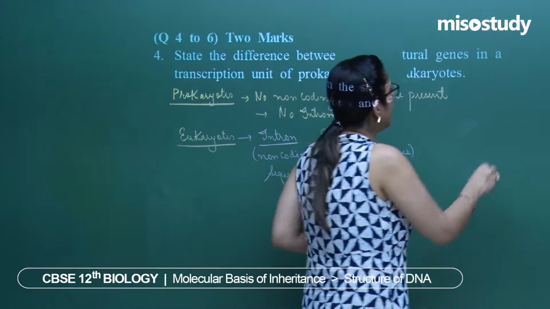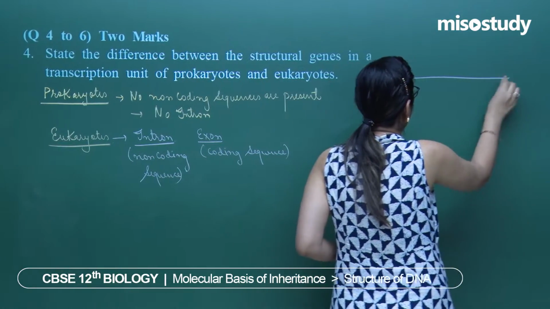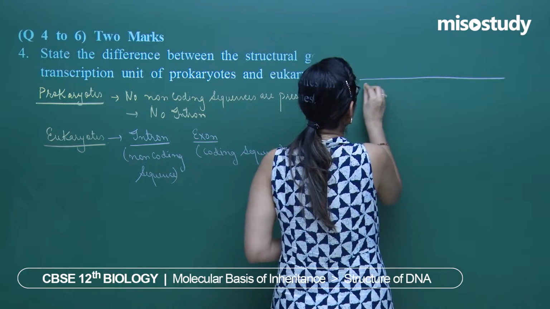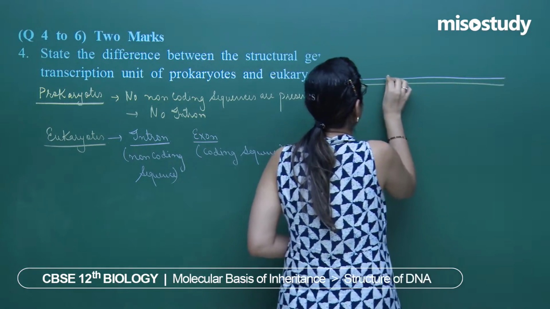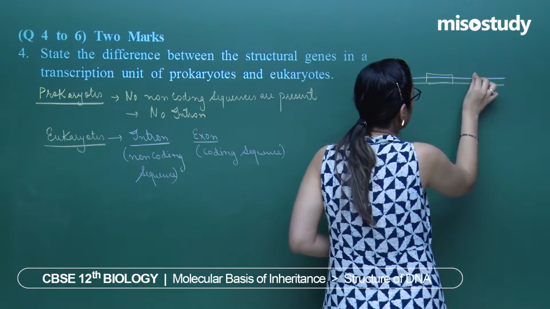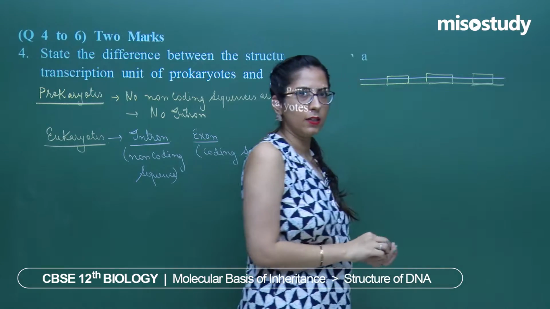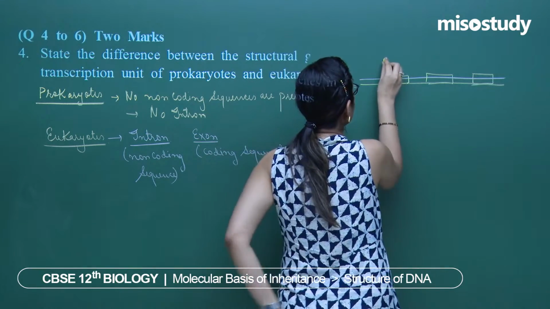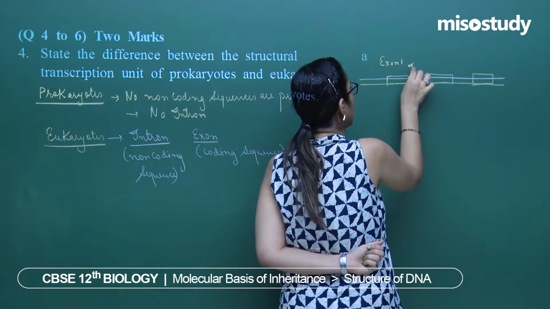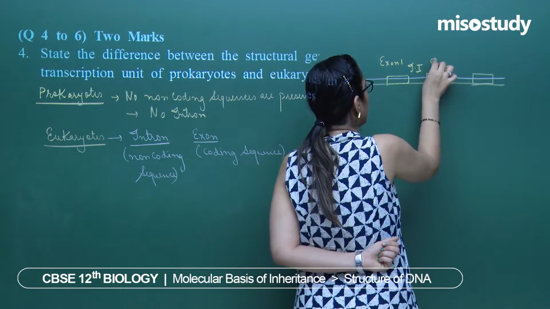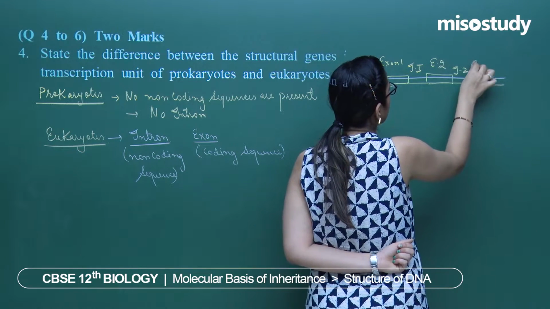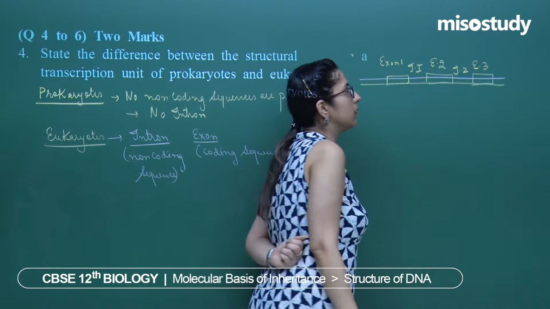Come to this side. Let's discuss the mRNA which is formed. Suppose this mRNA has certain sequences like this. Suppose this region is called exon 1, this is intron 1, this is exon 2, this is intron 2, and this is exon 3, right.